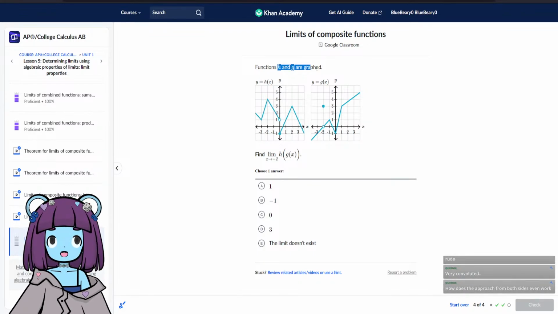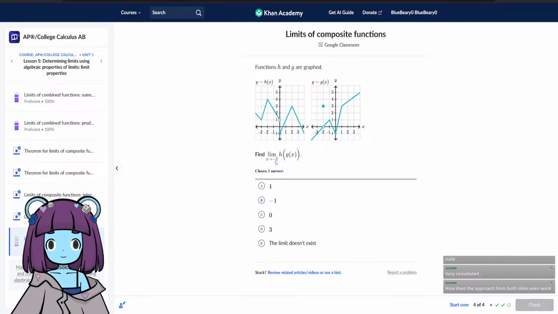Functions h and g are graphed. So we go as x approaches -2. So here, that would be 0. And then h approaches 0, which is jumping.